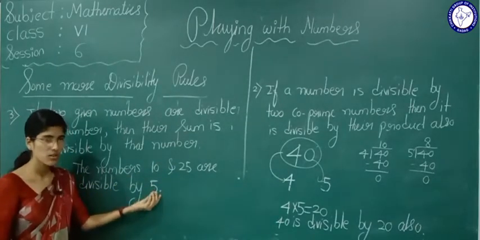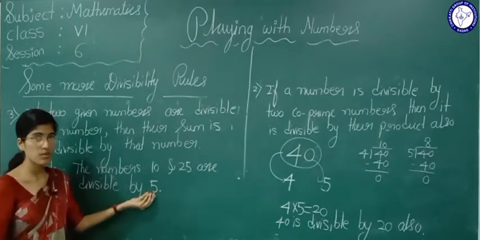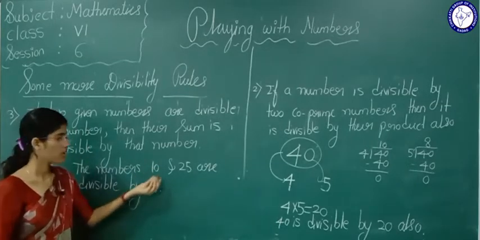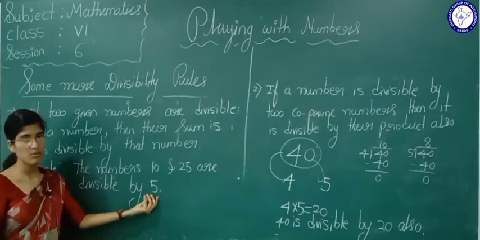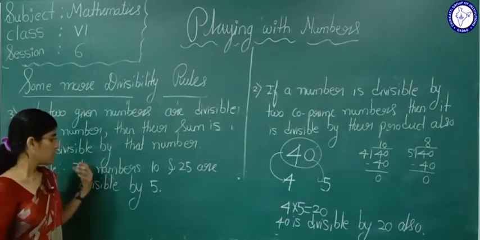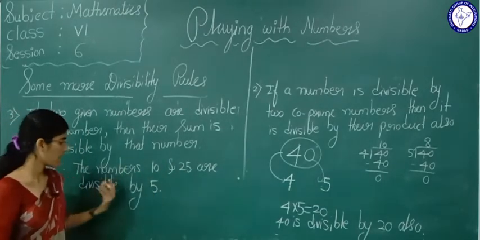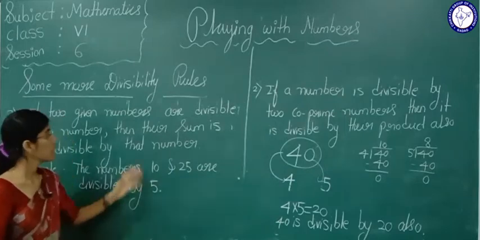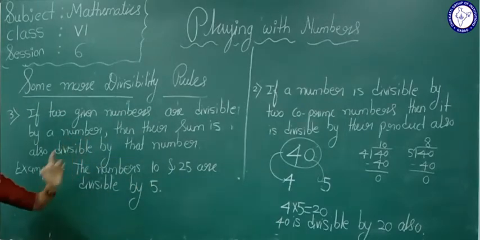Yes or no? If you divide 10 by 5, the remainder is 0. If you divide 25 by 5, the remainder is 0. The numbers 10 and 25 are divisible by 5, which means their sum is also divisible by that number.